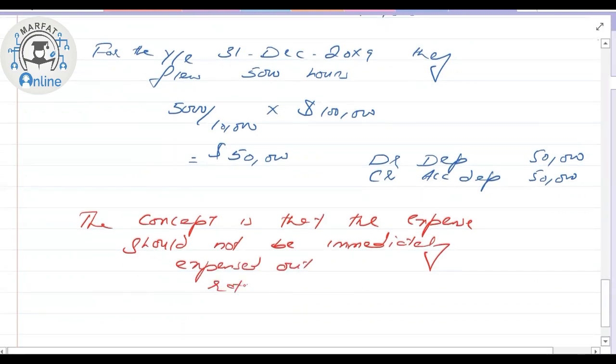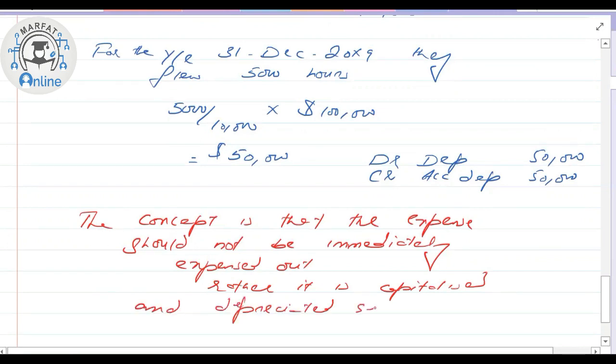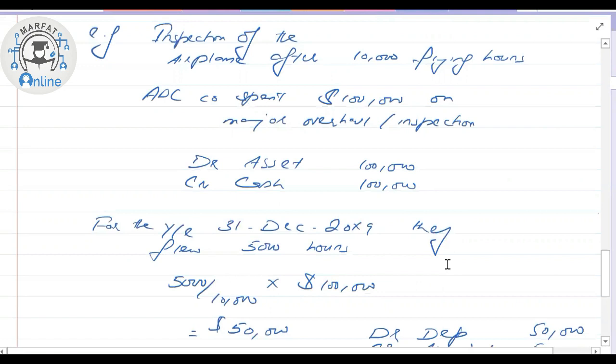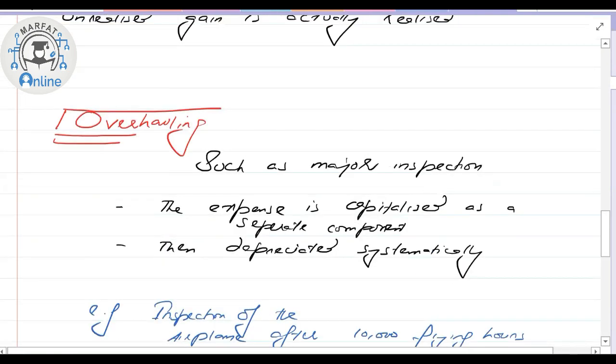Rather, it is capitalized and depreciated systematically. So if the entity is immediately expensing out that expense, this is the incorrect treatment.